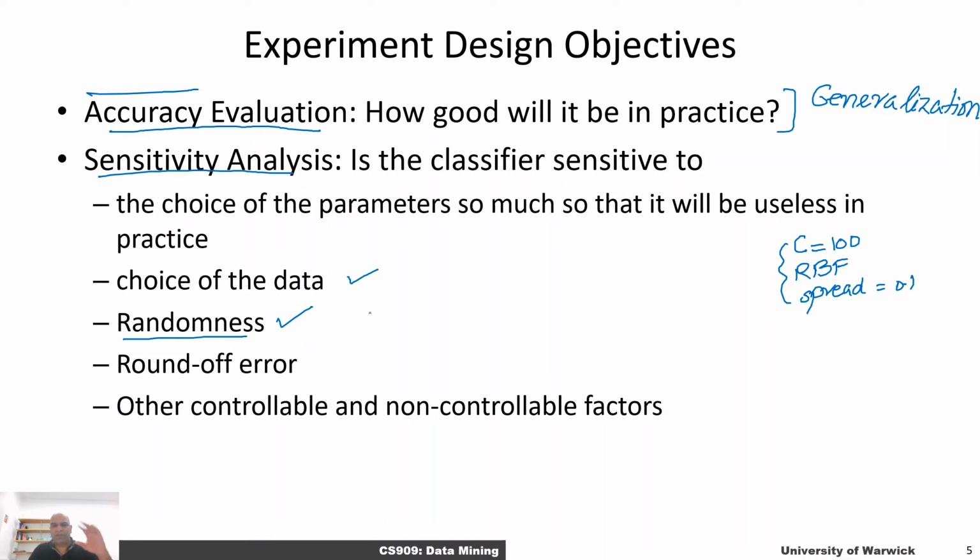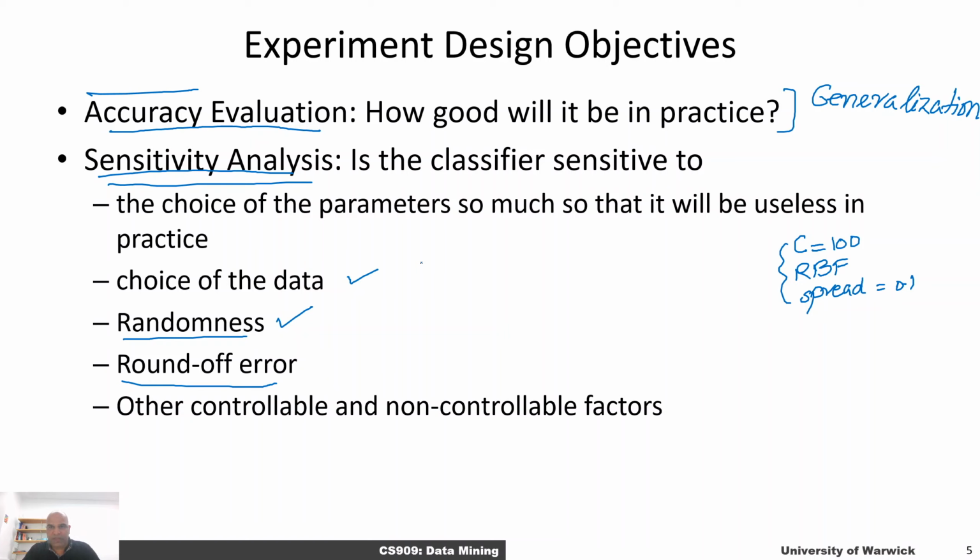There is some variation in validation performance that can be expected, but if it's too large, then we probably need to resolve that issue. Similarly, your machine learning model can be sensitive to round-off errors. Measuring the effect of each one of these and other controllable or non-controllable factors is called sensitivity analysis, and that forms the core of performance analysis of a machine learning model.